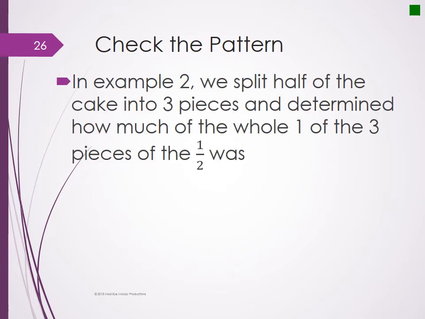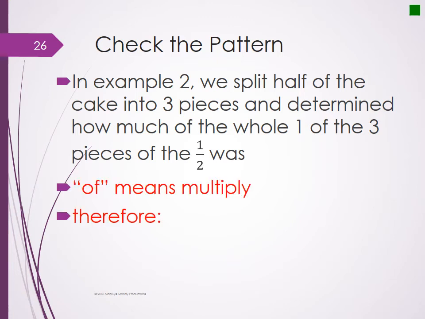So does this work for the other ones? Let's check. In example 2, we still had half the cake, so we split half of the cake into 3 pieces. And we looked at how much of the whole one of the 3 new pieces of that half was. Of means to multiply. Therefore, 1/2 divided by 3, so divided into 3 pieces, I can rewrite that as 1/2 divided by 3 over 1.